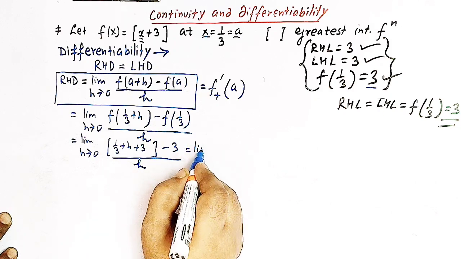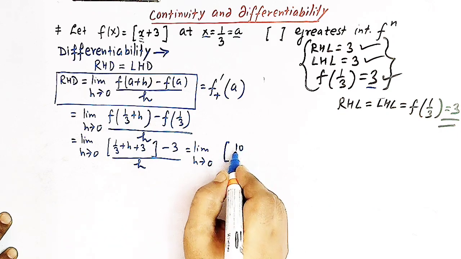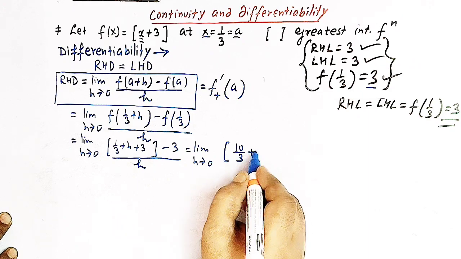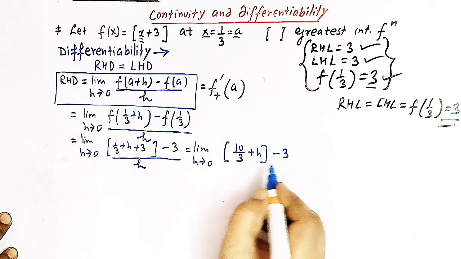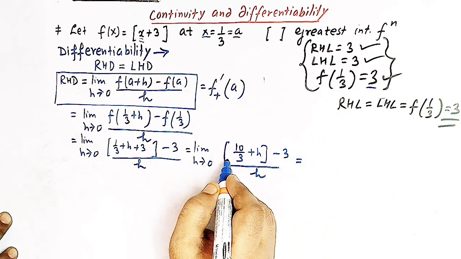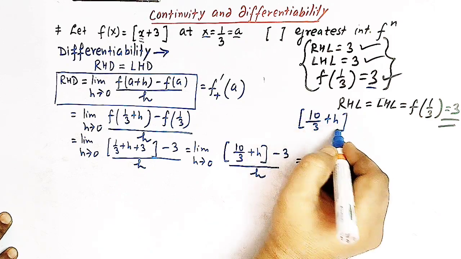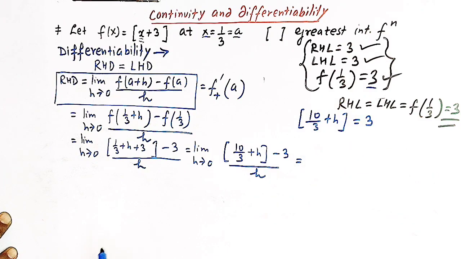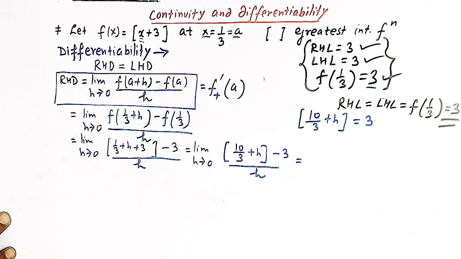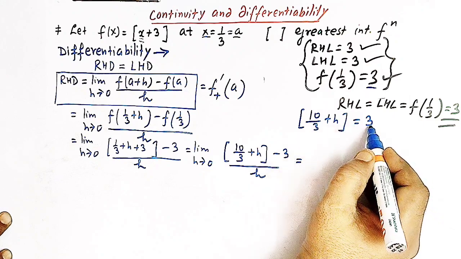So now we have limit h tends to 0, and this is greatest integer of 10 over 3, since 1 over 3 plus 3 is 10 over 3, plus h, and here we have minus 3 over h. And we have just seen that the greatest integer of 10 over 3 plus h is equal to 3, right? While proving the continuity of this function at x is equal to 1 over 3, we see that greatest integer of 10 over 3 plus h is equal to 3.